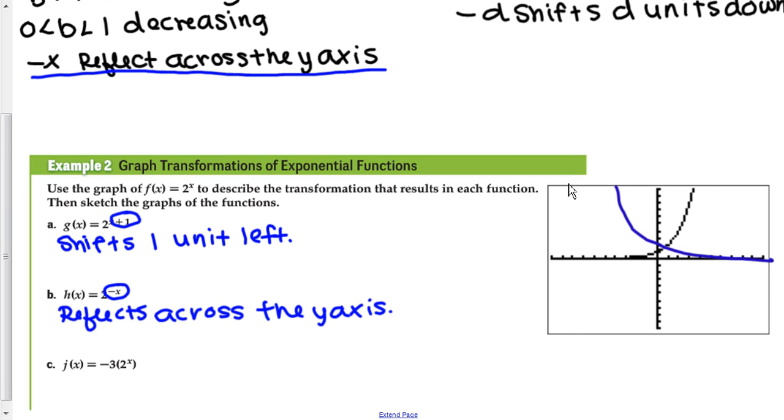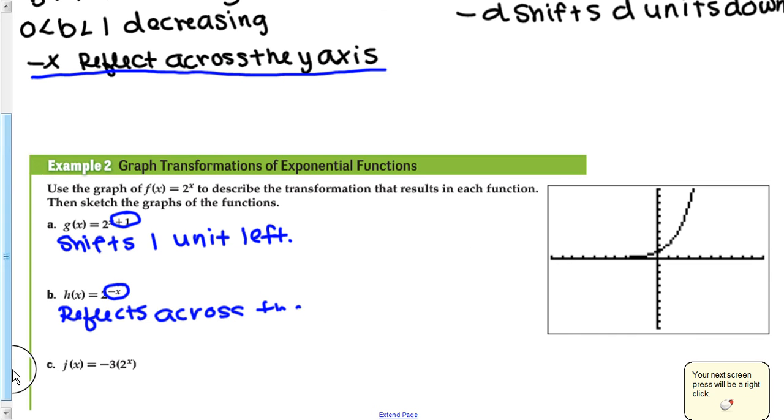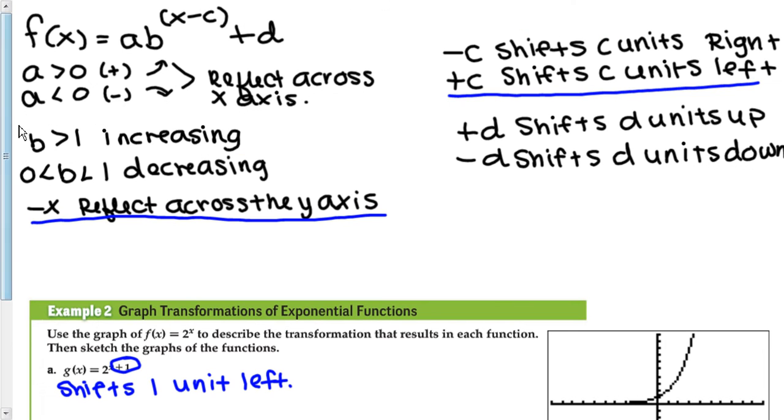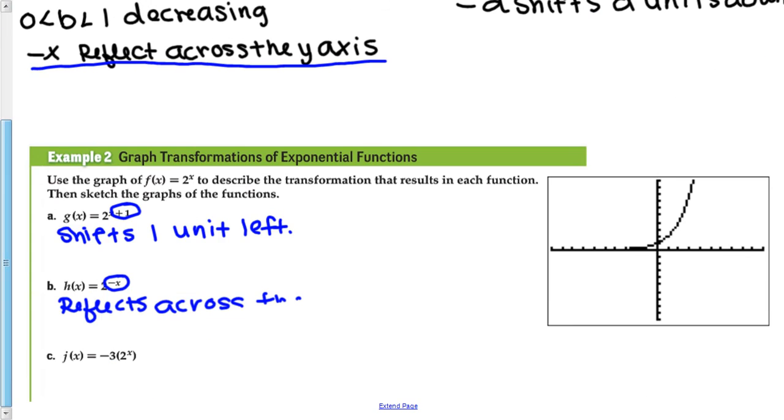Next, C. j of x equals negative 3 times 2 to the x. So first of all, I notice that the number in front has become negative, so I know it's going to reflect across the x-axis.